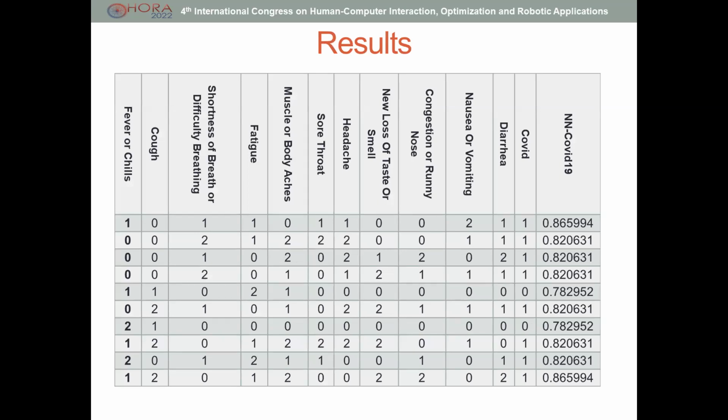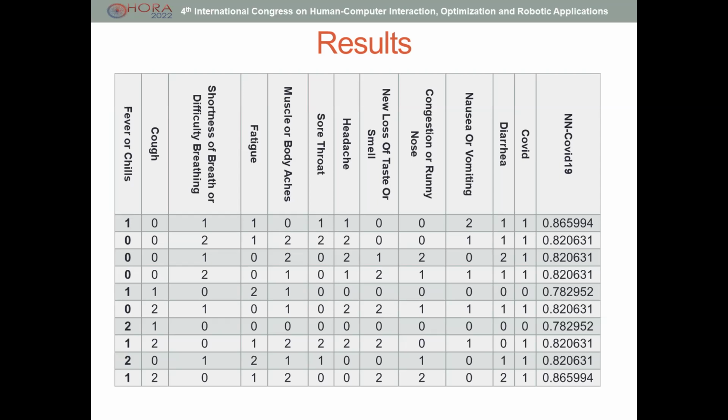We have 12 samples from our patients. So we will get this result. Number 1 is for positive, 0 for negative, and 2 is very effective for this.